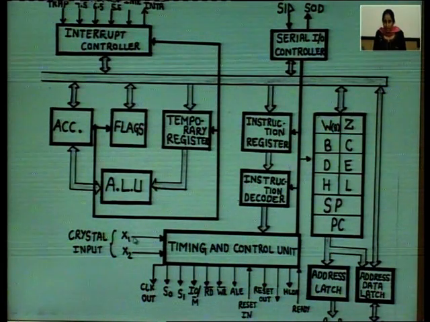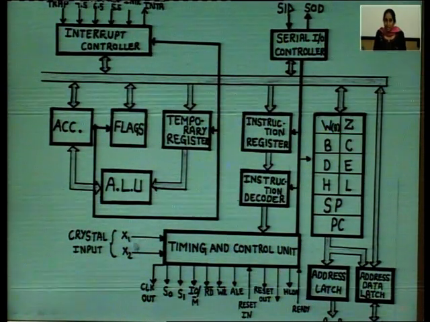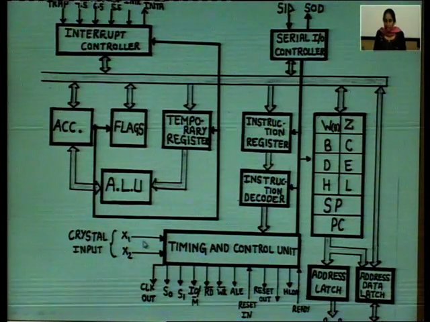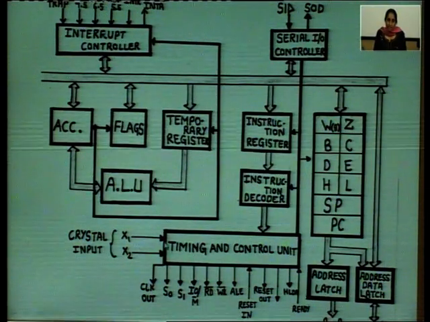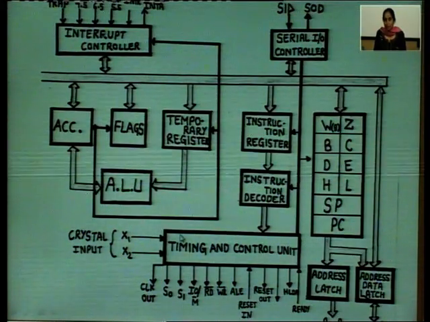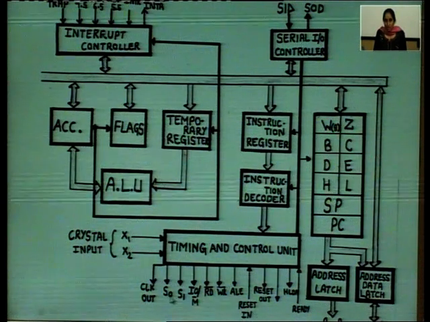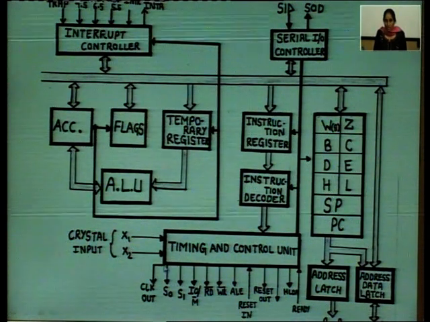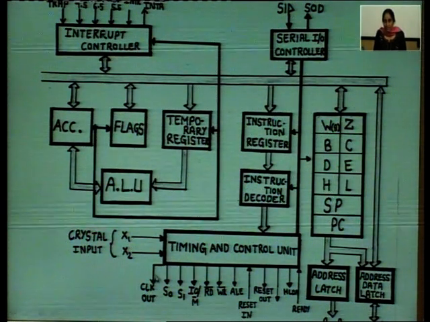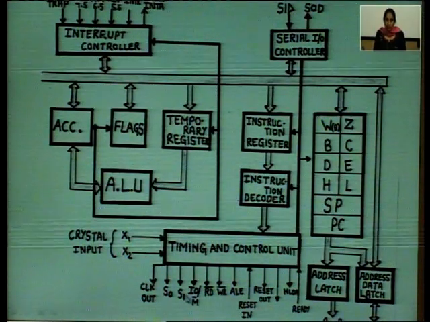Here we have X1 and X2, 2 pins. Here a 6 megahertz crystal oscillator is connected and it is internally divided by 2. The operating frequency of 8085 is 3 megahertz. On the 37th pin, we get the 3 megahertz output clock frequency.